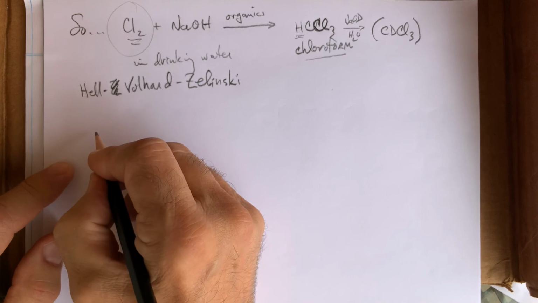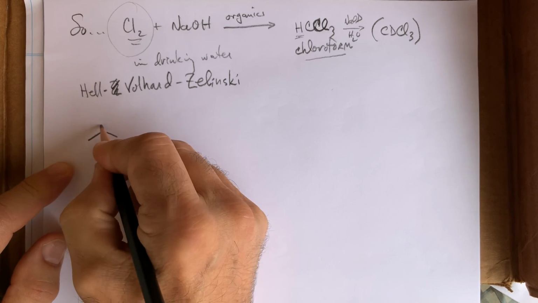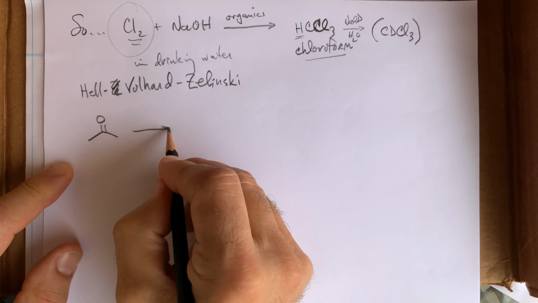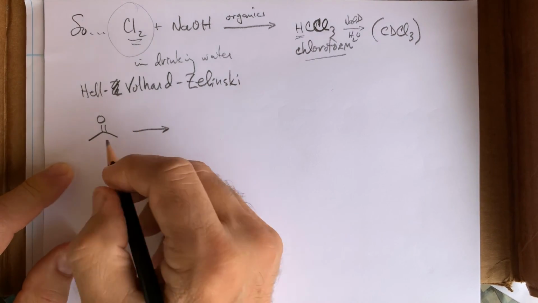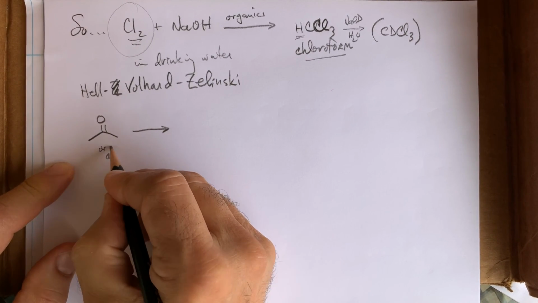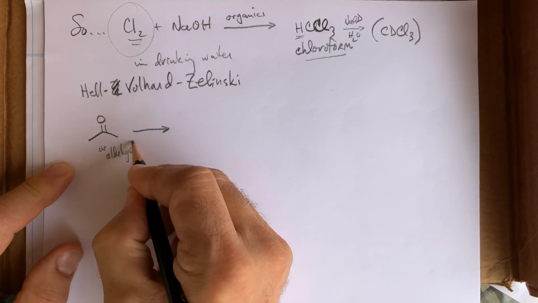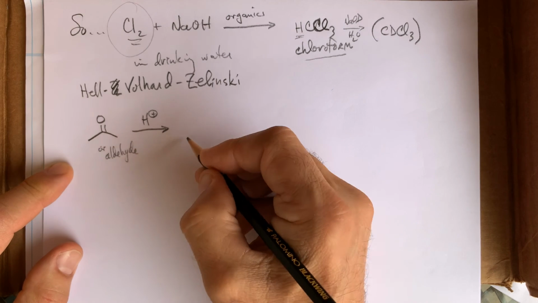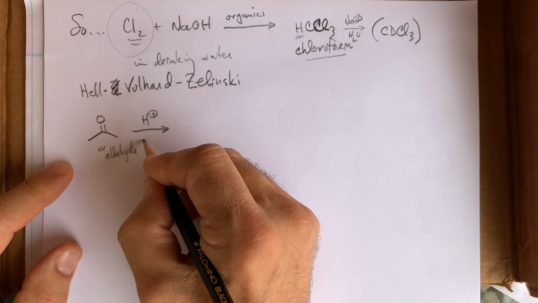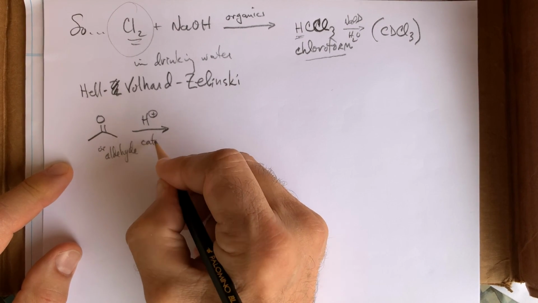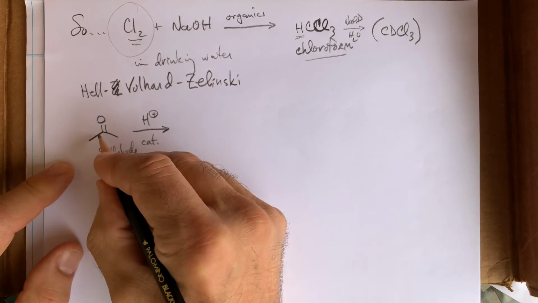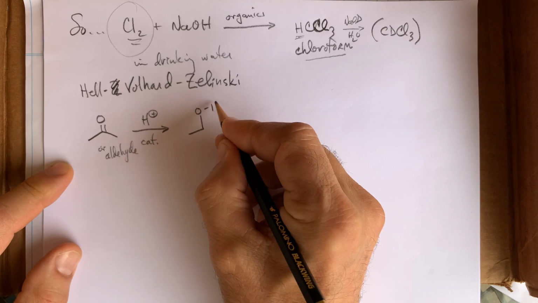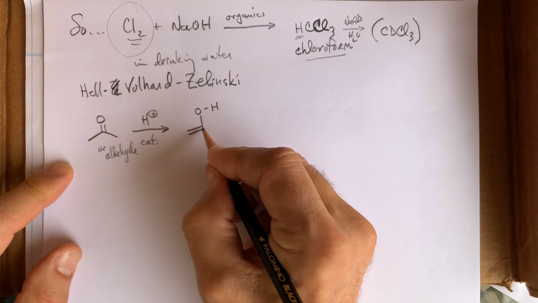Okay, so let me go back to basics here. If you take a ketone or an aldehyde and you add acid, you will catalytically promote enolization.